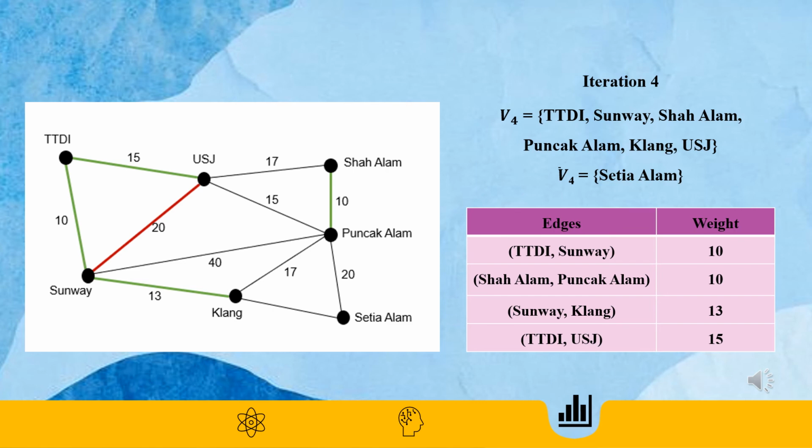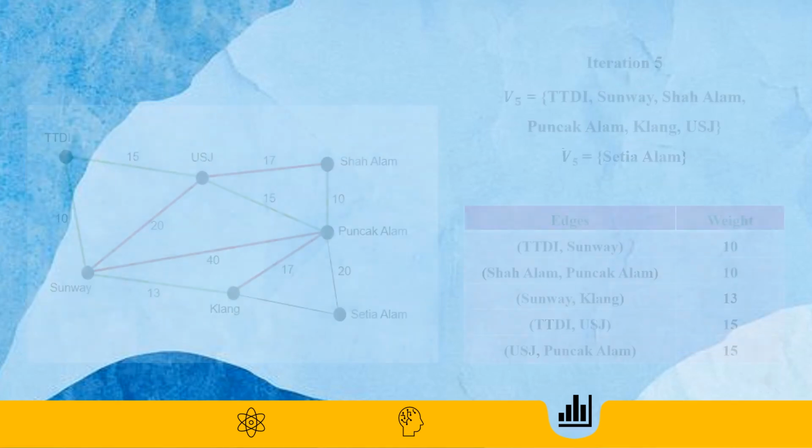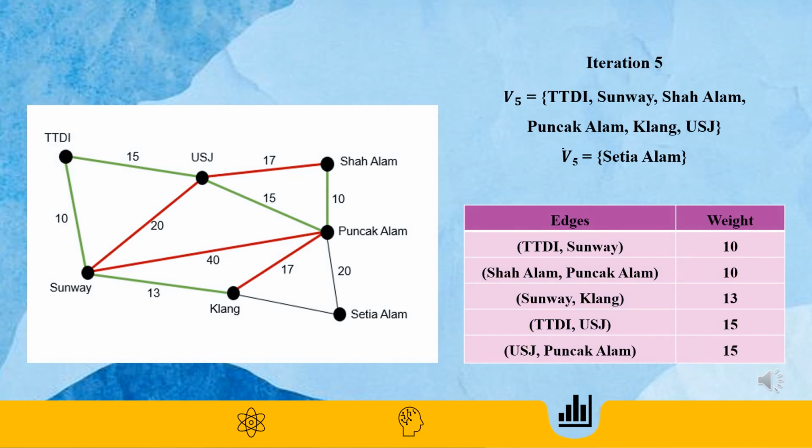There, USJ Sunway is highlighted in red since there is already a path in green between USJ and Sunway, so it would form a cycle from TTDI, USJ and Sunway if it were chosen. The next shortest arc, which is USJ Puncak Alam with the length of 15, is now being highlighted.